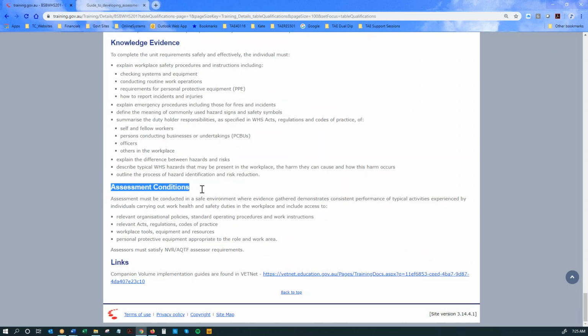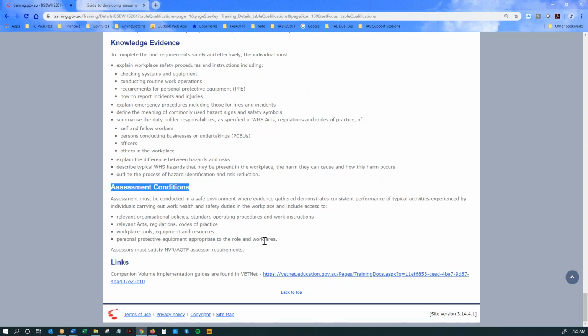And then we have, as I mentioned before, these assessment conditions, and they will often stipulate certain requirements about the assessment process. And it can be things like, can it be assessed in a simulated environment or must it be assessed in a real world? Do you have to complete a certain number of hours of demonstrating the skill in the real world, which might mean either that the person has to be employed or they would have a work experience vocational placement situation in place.